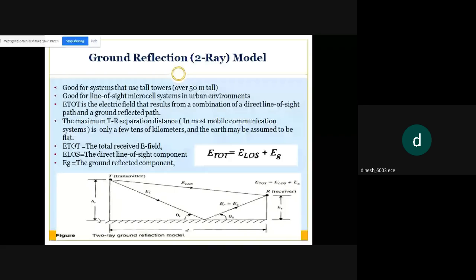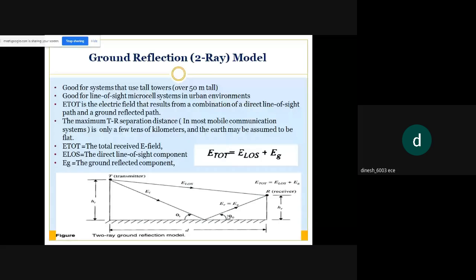Okay. So when a communication happens, the transmitter emits signals. During emission, one signal will directly reach the receiver, which is the electric field E_LOS, and this is your incident angle theta. The transmitted signals are also falling on the ground and are reflected towards the receiver at theta naught.